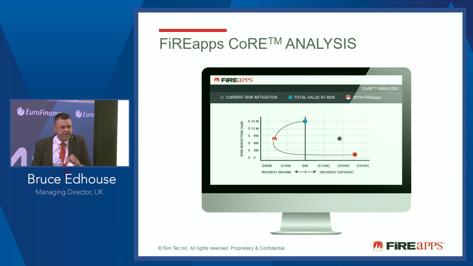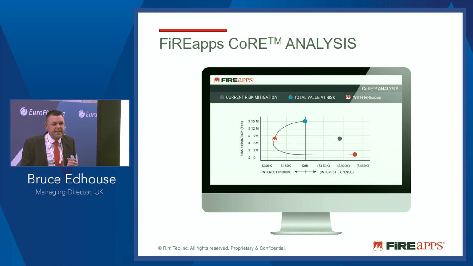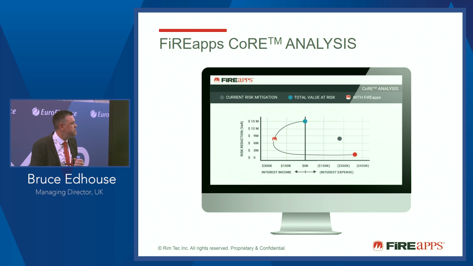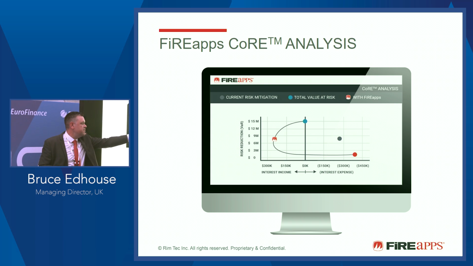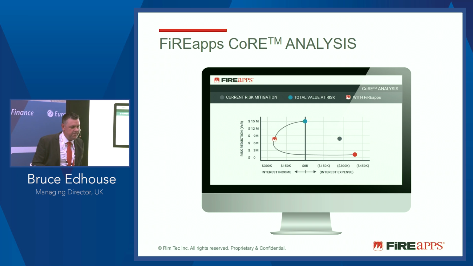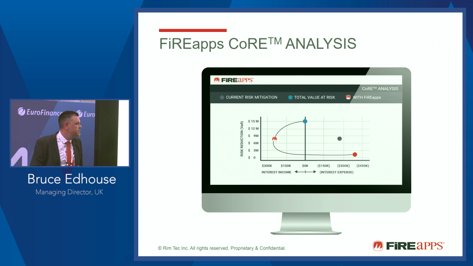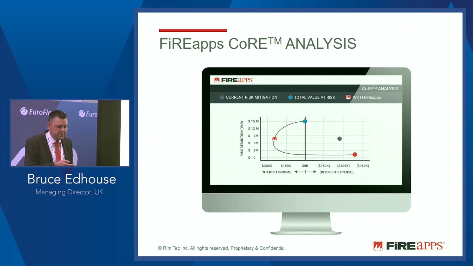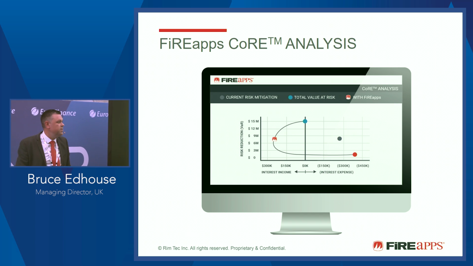So that doesn't cost me to hedge. You can say, well, this is actually going to be a gain to me to hedge. And therefore, I can come down to about 7 million of risk without having to pay out anything for the cost of hedging. If we want to come all the way down to a zero value at risk, then it's going to cost us. And that's where this type of analysis that we can run within FIREapps.